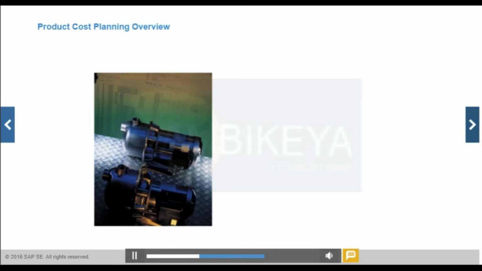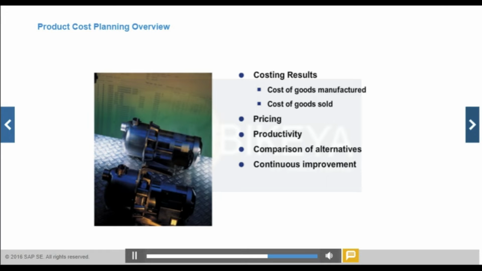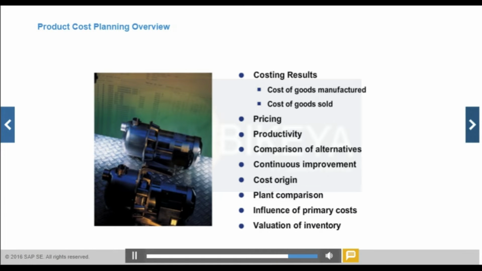PCP assists employees in operational decision making for manufactured products by providing the following detailed information: cost of goods manufactured and the cost of goods sold, calculation of the break-even price for the product, comparison of production cost in large versus small lot sizes, production cost breakdown and comparison, for example, material costs and wages, optimization of the production process, production cost by organizational unit, manufacturing cost by plant, effect of primary costs on production costs.